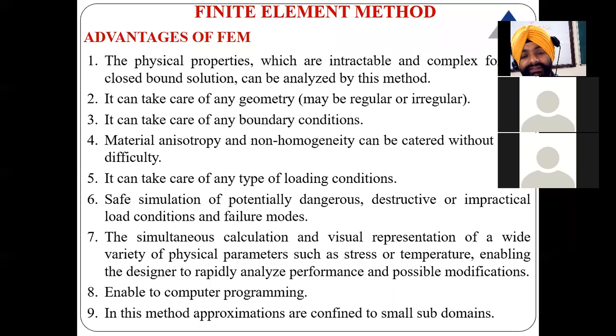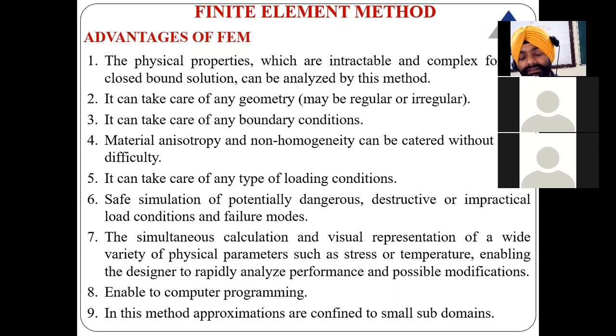As I have told you, whatever the boundary condition for a particular case, it can be used. So any type of boundary condition can be used for this FEM analysis. Material anisotropy and non-homogeneity can be captured without any difficulty. I hope you understand what is anisotropy and what is non-homogeneity.